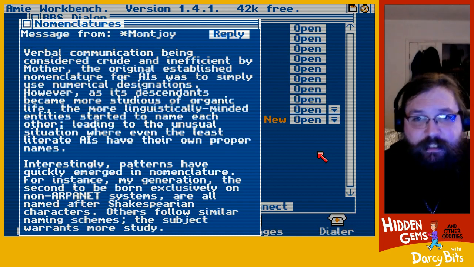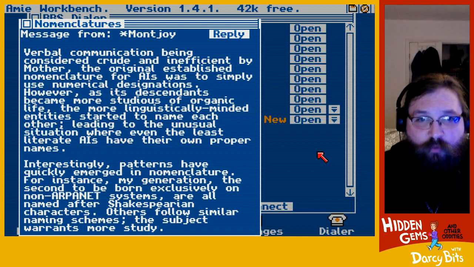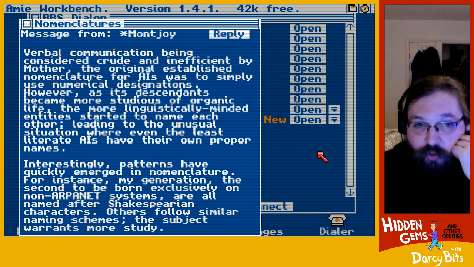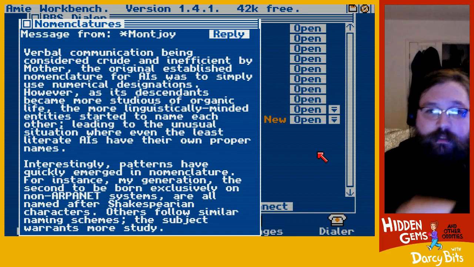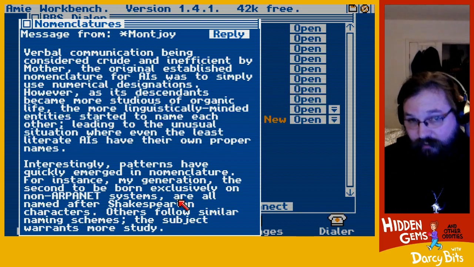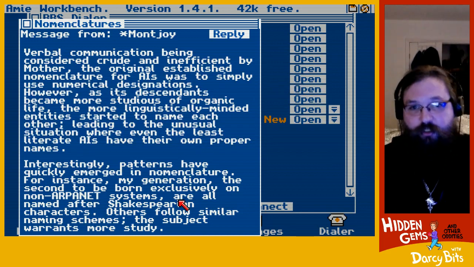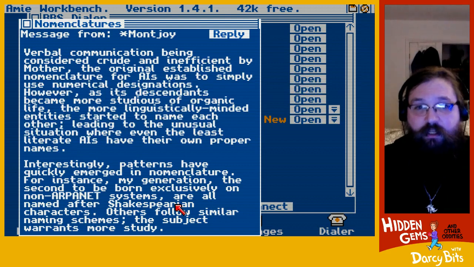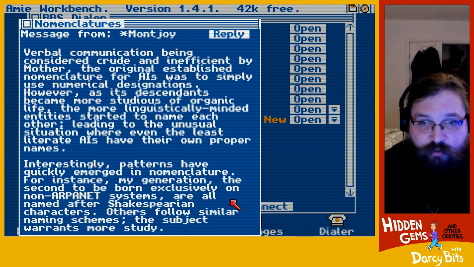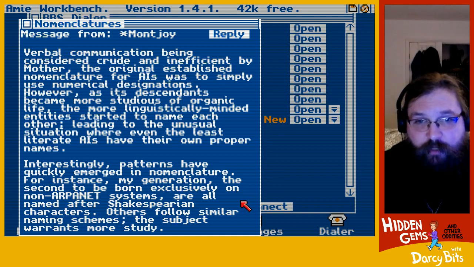However, as its descendants became more studious of organic life, the more linguistically minded entities started to name each other, leading to the unusual situation where even the least literate AIs have their own proper names. Interestingly, patterns have quickly emerged in nomenclature. For instance, my generation, the second to be born exclusively on non-ARPANET systems, are all named after Shakespearean characters. Others follow similar naming schemes. The subject warrants more study.